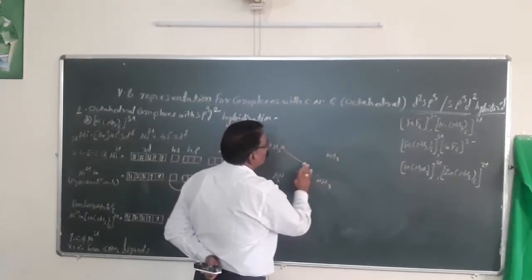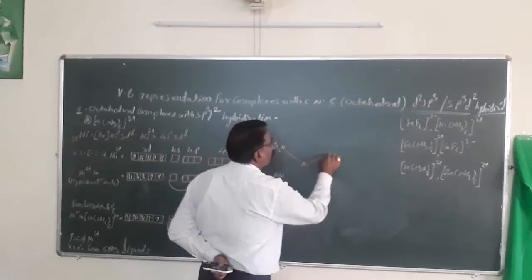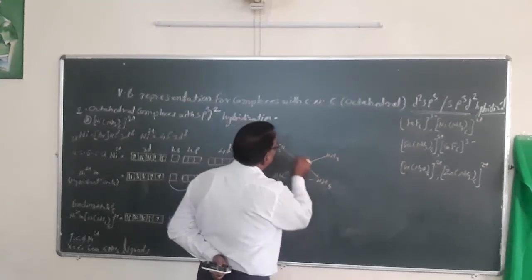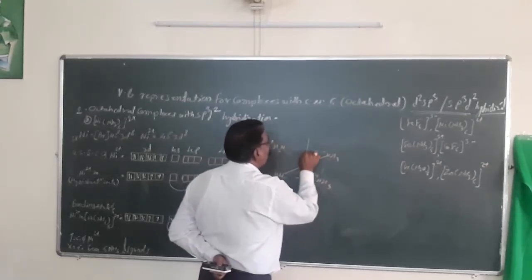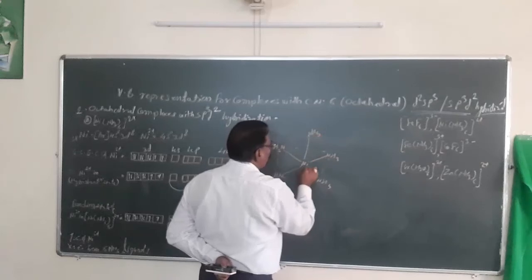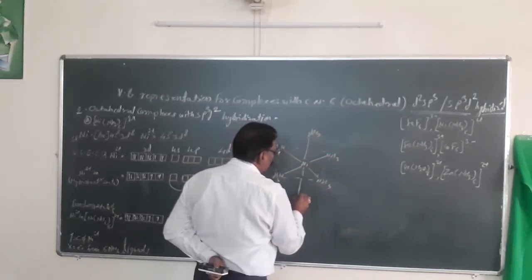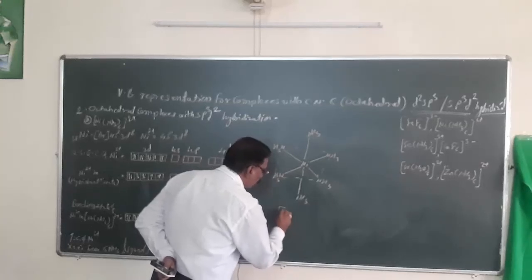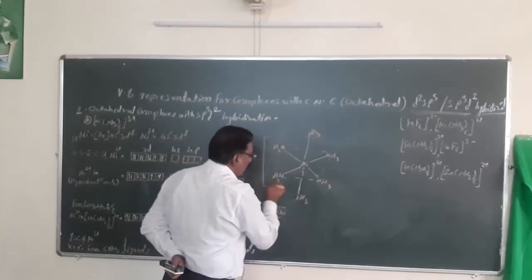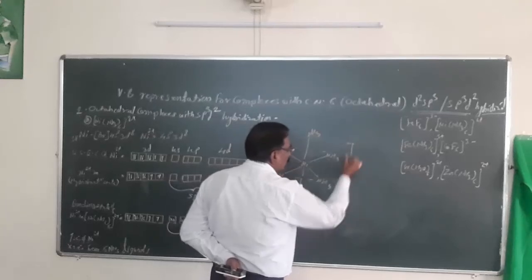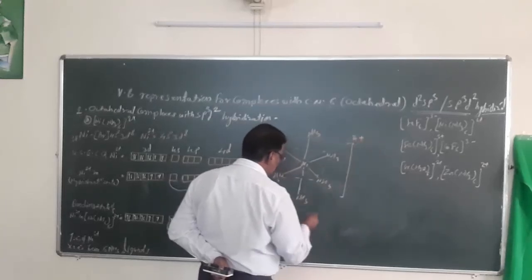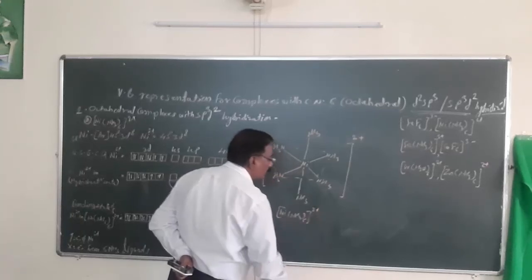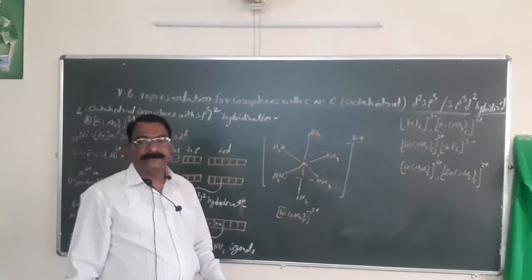These 4 ligands and the metal atom are in the same plane. One ligand is above the plane and one is below the plane, and thus it has the octahedral geometry, that is Ni(NH3)6 2 plus. So it is the structure for this complex. It is the octahedral geometry.